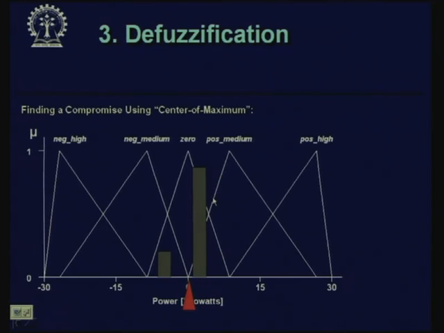So, I will again compute the crisp value corresponding to this using some method like center of the maximum, and I will get 6.4 kilowatt. That is the power that I will have to give. So, this is the approach that we adopt in the case of fuzzy inferencing.